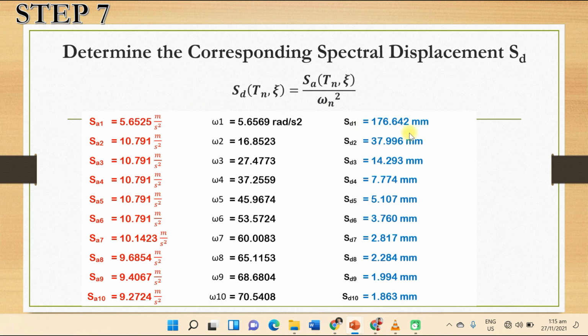So, kung gamit yung kanina ng mga values na na-compute natin sa spectral acceleration, ito na yun sa SA1, meron tayong 5.6525 m per s squared hanggang dito sa SA10 which is 9.2724 m per second squared.